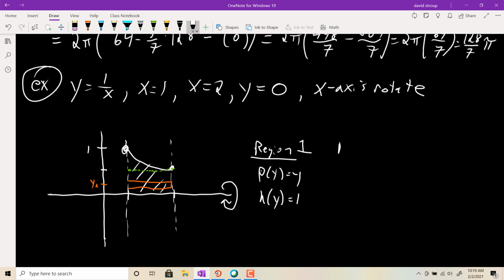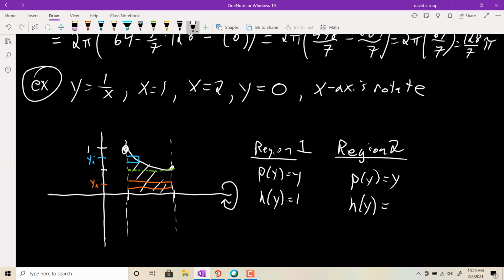But then it changes. Then the heights of the rectangles become non-constant. So let me draw this blue rectangle here. It changes with the y sub i's. Okay? So it's variable. In other words, we need a formula for that blue rectangle. The radius formula is the same, it's just y, but this height formula changes.